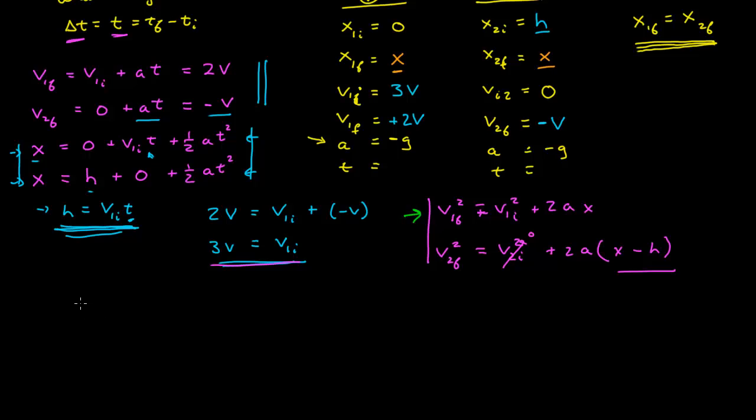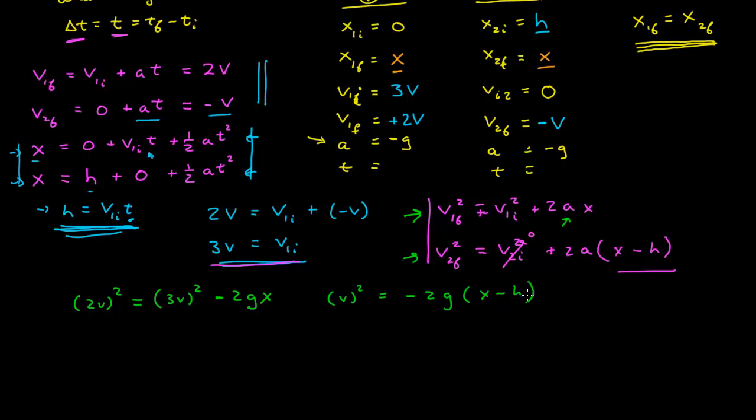Using our first expression, I have 2v squared, which is the final velocity squared, is equal to the initial velocity, which is 3v squared, minus 2gx. I've substituted in a is equal to negative g. And then for the second equation here, I have the final velocity, which is v squared, is equal to negative 2g times x minus h.